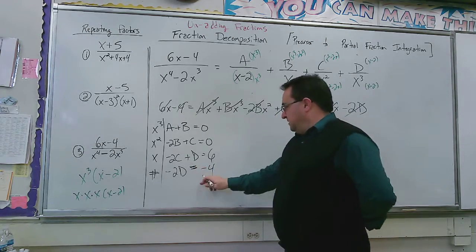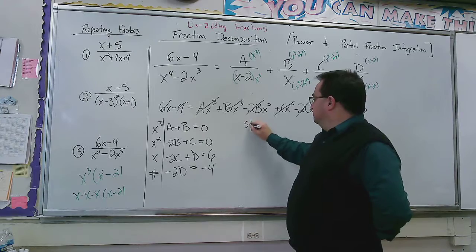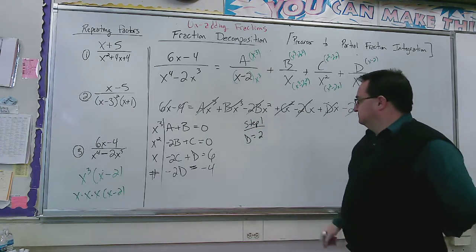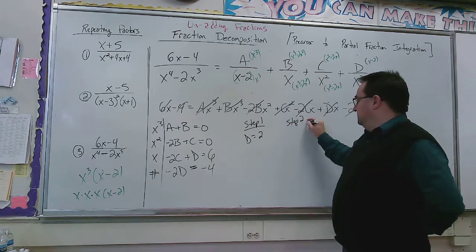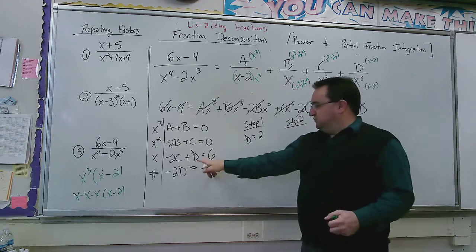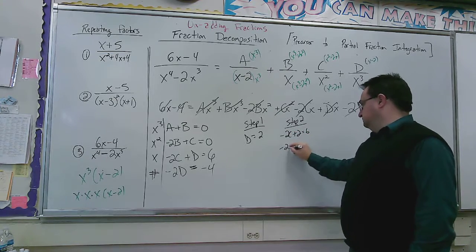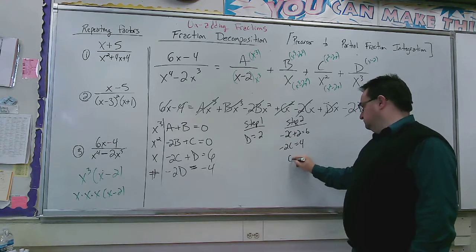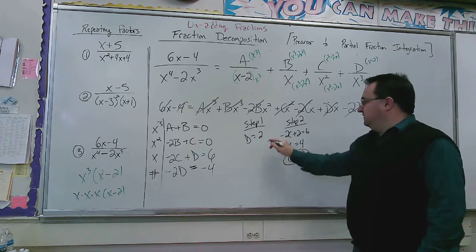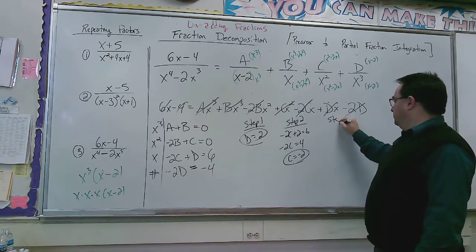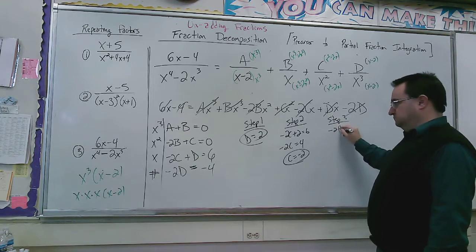All right, well, there's a lot of things to figure out there, but this actually is not looking too bad. Let's start with the easy one down here. Step 1, D must be 2, right? Step 2, now that I know D is 2, I'm going to put that right here. And I get C. Now that I know C, I'll feed it back here.